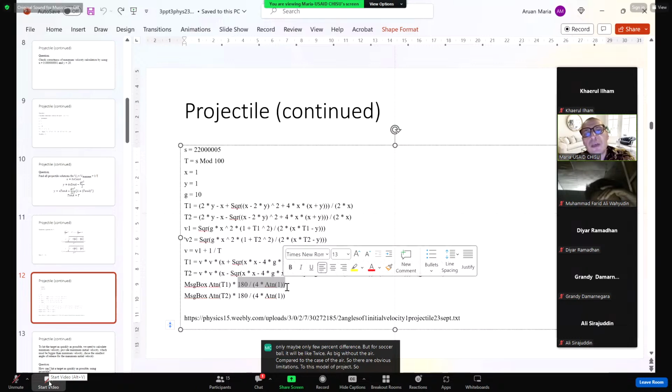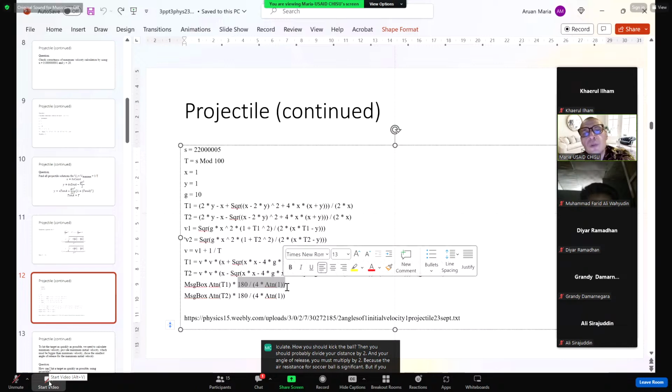So if you're a soccer player and you want to calculate how you should kick the ball, then you should probably divide your distance by 2, and multiply your angle of release by 2, because the air resistance for a soccer ball is significant.